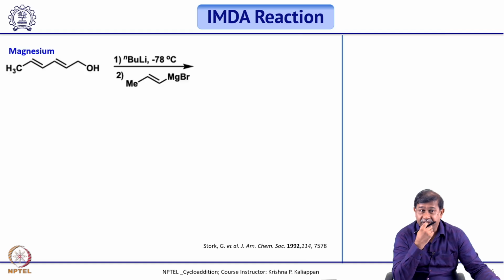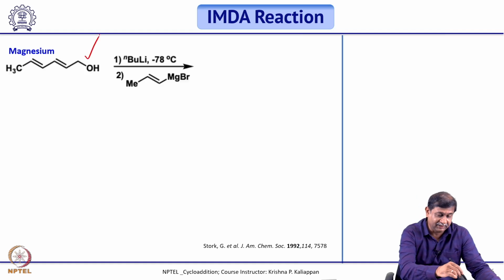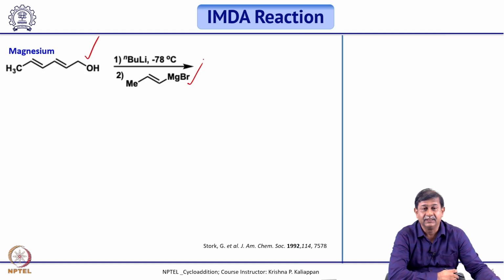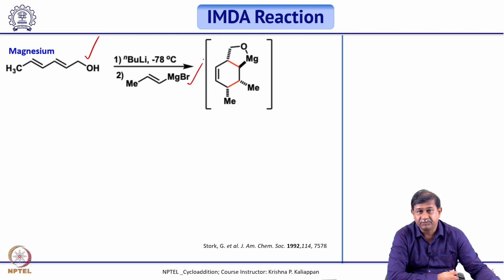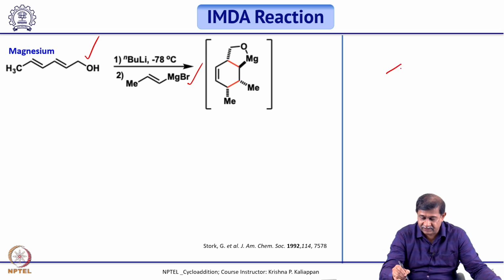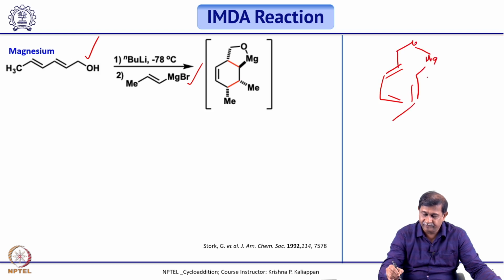One can also use magnesium. If you take this same alcohol and then treat with this vinyl magnesium bromide, it can go through a similar diene formation with a magnesium dienophile. That means you will get like this.